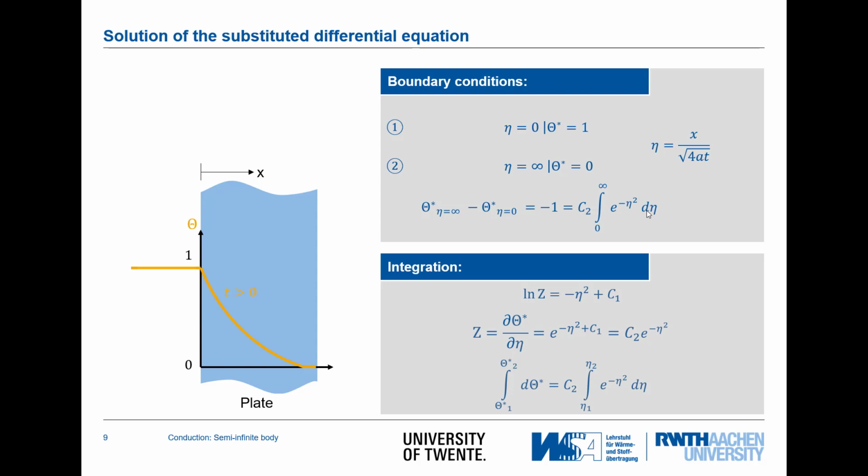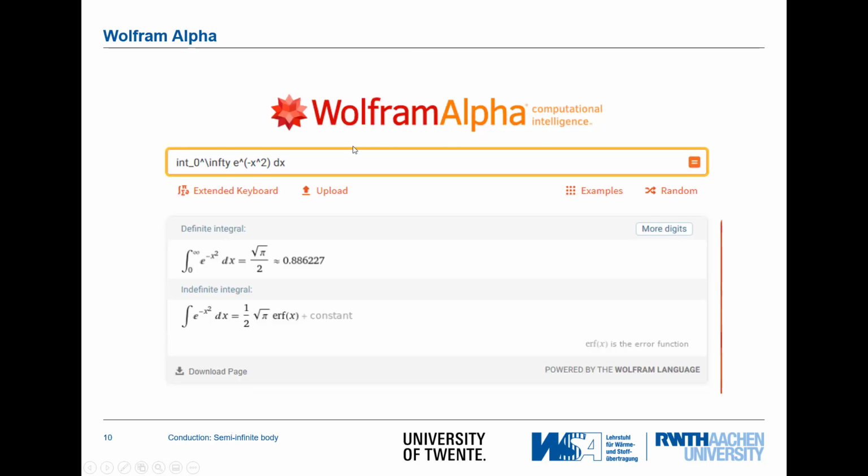I don't know it myself, so in order to identify a solution of an integral, I will use Wolfram Alpha, a very powerful tool for integrals and differential equations. It will give us that this integration from 0 to infinity is equal to the square root of pi divided by 2. Here I just show how I put this into Wolfram Alpha, and it gives me the value.